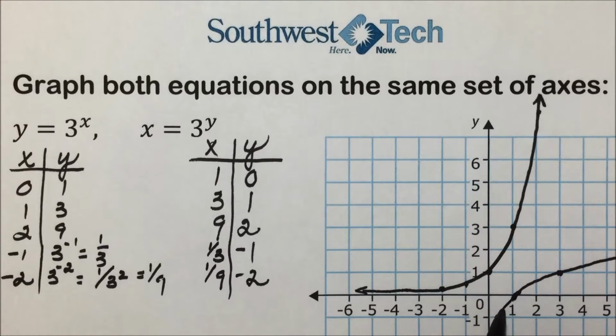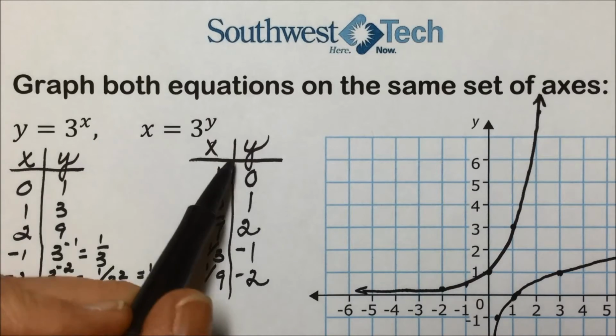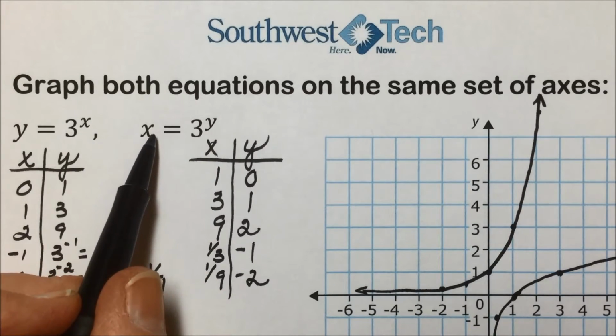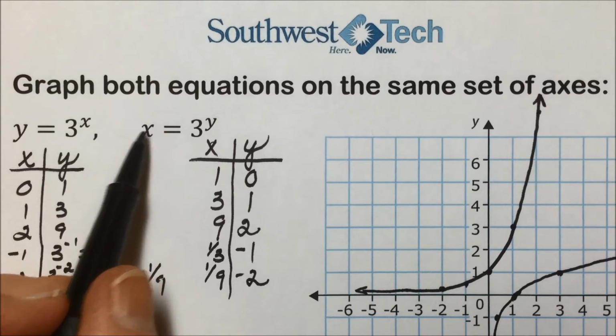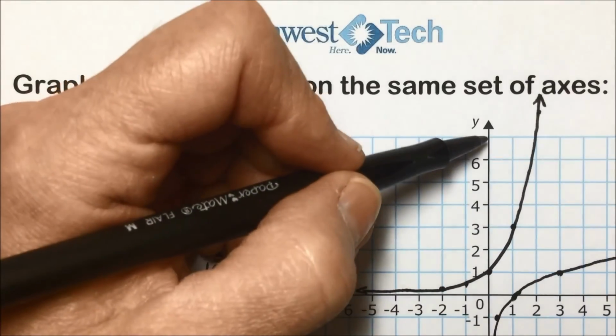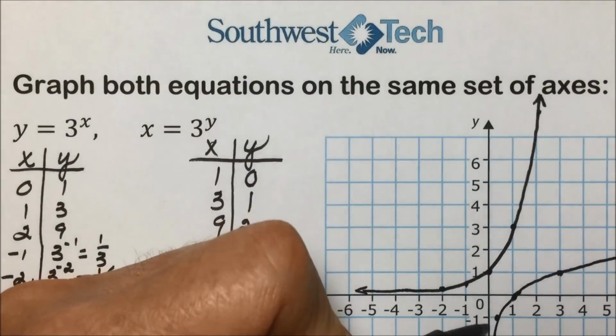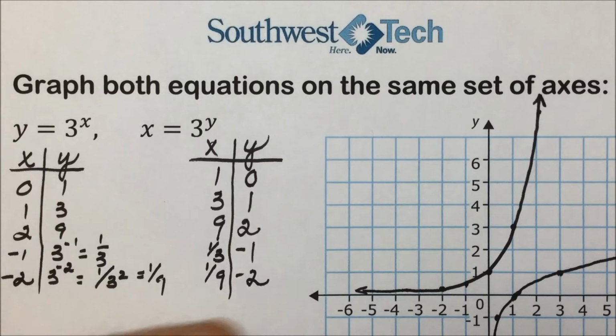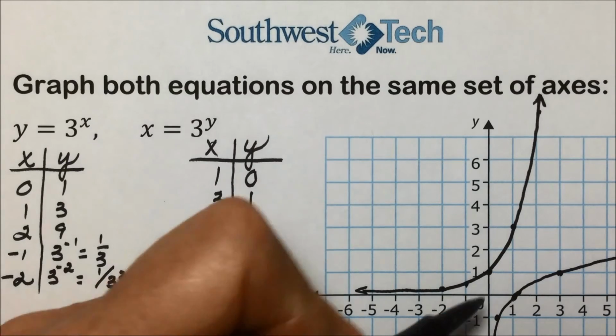So if I connect those with our smooth curve, here in this graph where the x and the y are switched from our exponential function, now our y-axis is acting as the asymptote. So note that the curve looks just like the graph of y equals 3 to the x, except that it's reflected about the y equals x line.